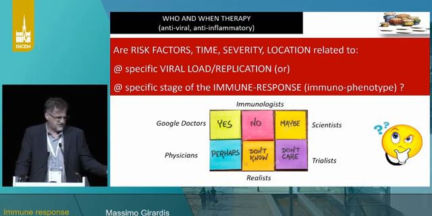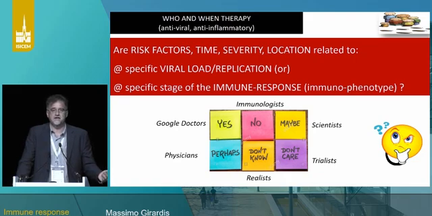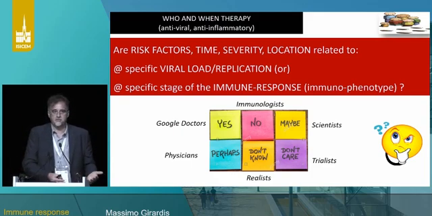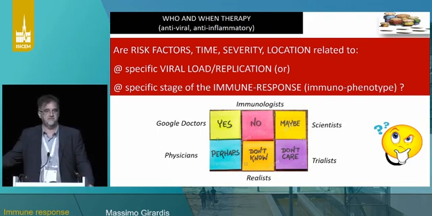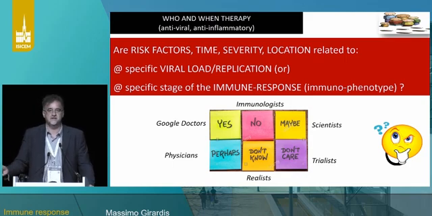I have treated more than 1,000 patients with COVID-19 before and during the ICU. Of course, the heterogeneity of the patients at hospital arrival, in the transition from the normal ward to the intensive care unit, and during the intensive care unit stay is completely different in terms of inflammatory and immune response.